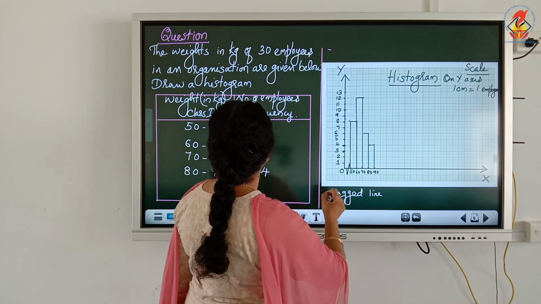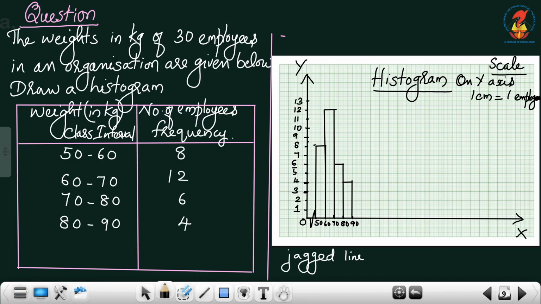So here we have weight in kilogram, or the class intervals. Anyway, you can write class intervals or weight in kilogram. Here, number of employees or frequency, you can write either one.